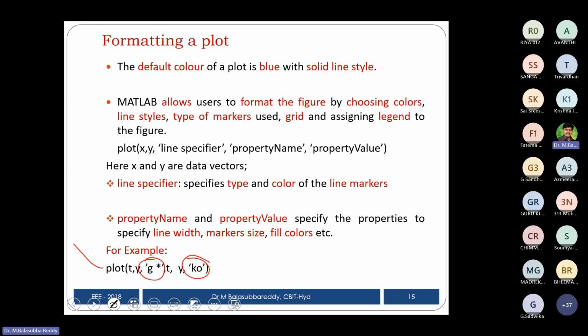So, what is the meaning of this? Green with star, black with circle markers. So, that type of lines will be different. Now like that we may have x comma y, plot and the line specifier you can give, and then property name and property value. Like that, many features I will show you one by one.